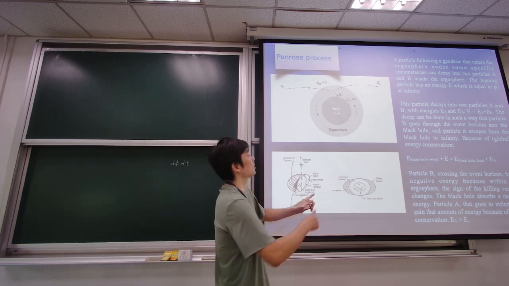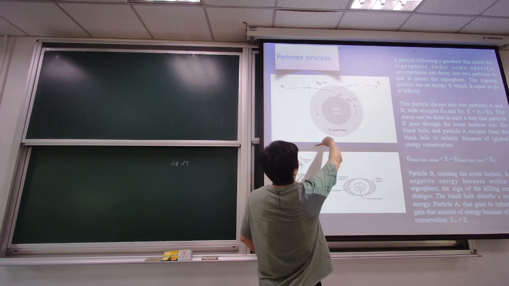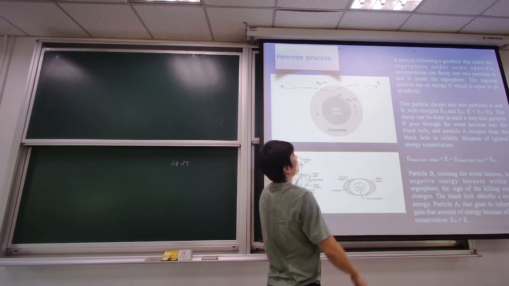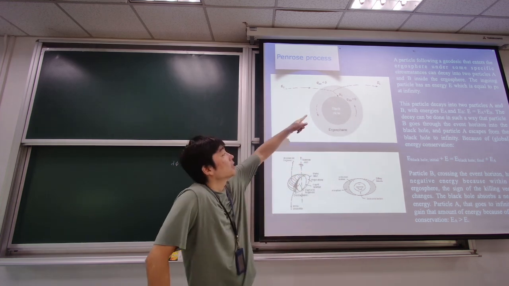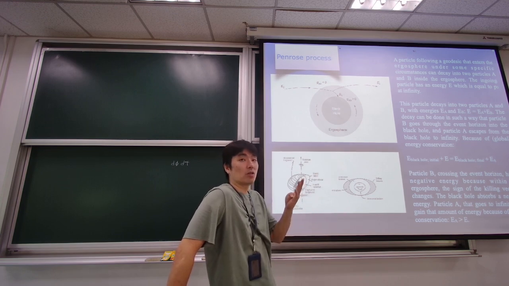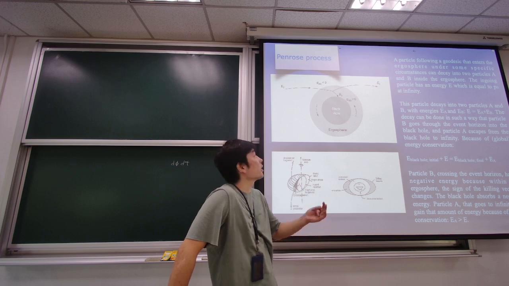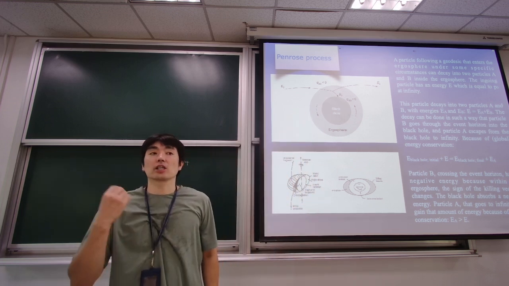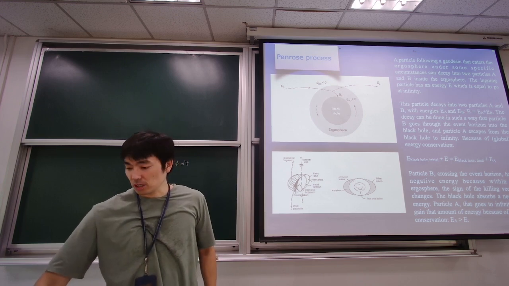Since the first one is counter-rotating and enters, the particle 2 has positive energy and also co-rotating angular momentum with the black hole. Therefore one can extract even angular momentum. That's the point.